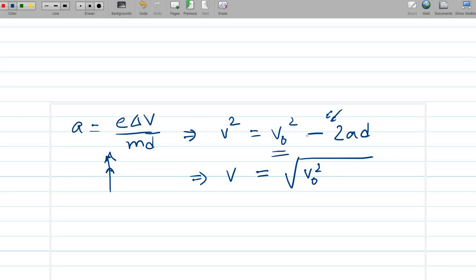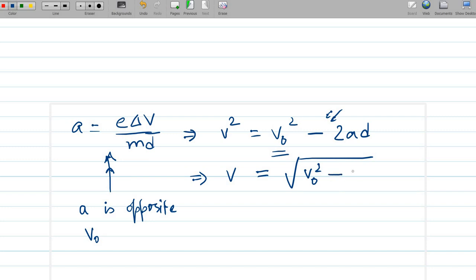But A always has to oppose. A is opposite in this circumstance. A has to oppose V naught. So that's why the relative signs have to be different.